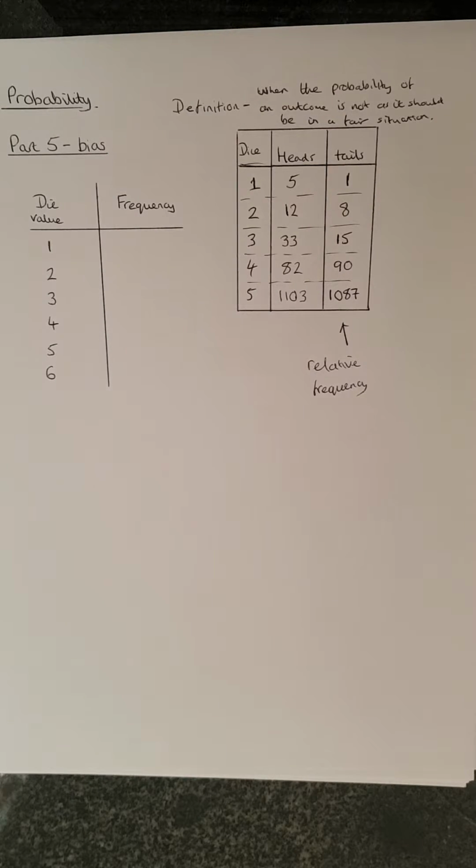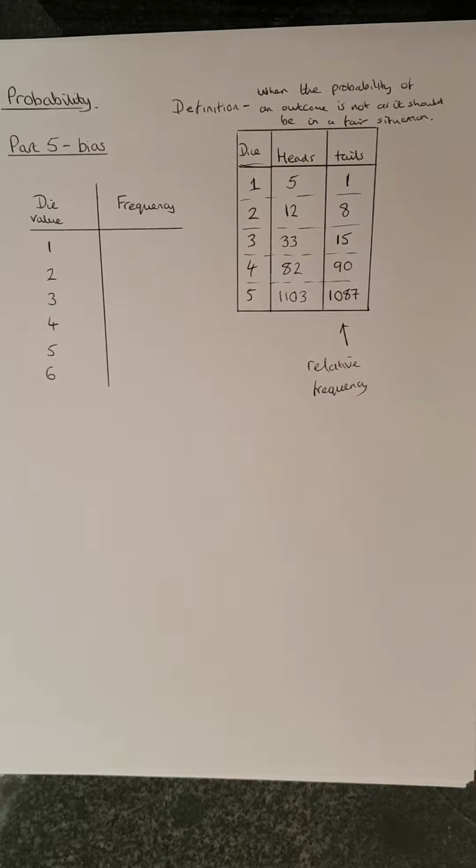And if you remember, our theory from part 2 was that as the number of trials increases, the relative frequency becomes the theoretical probability. So we expect things to look more accurate when we've done more trials.